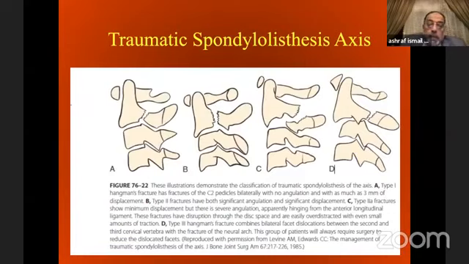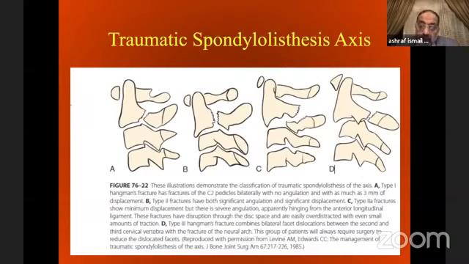Actually, Levine classified the types of spondylolisthesis of the axis into these types. Type A, where there is a fracture of the pars interarticularis with no or minimal displacement.